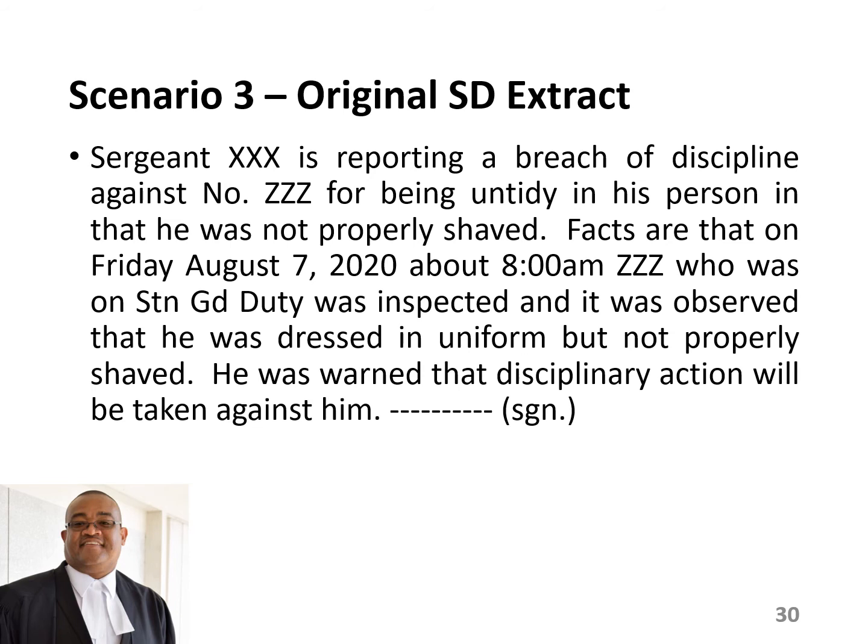Facts are that on day, time and place, the name of the defaulting member, who was on the name of the duty, the type of duty, was inspected and it was observed that he was dressed in uniform but not properly shaved. He was warned that disciplinary action will be taken against him, and you sign that entry.